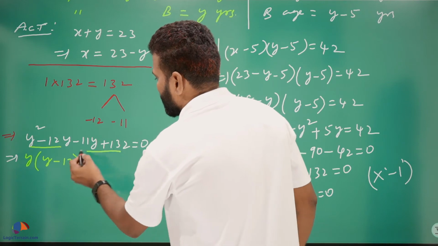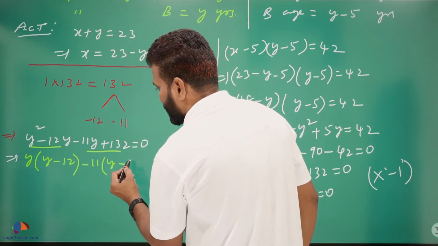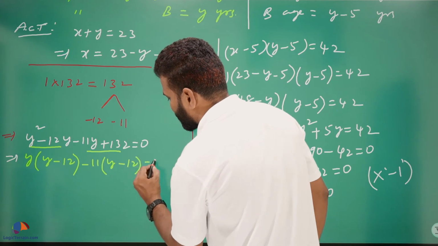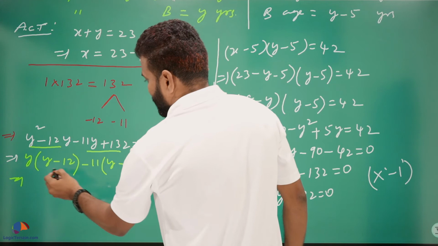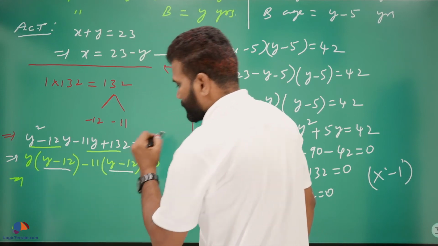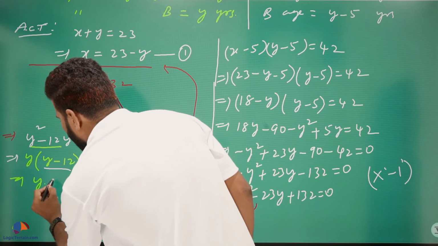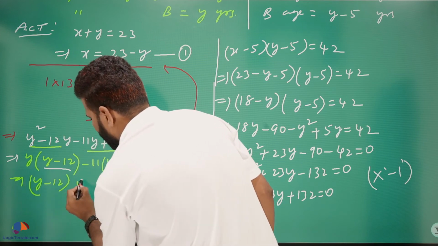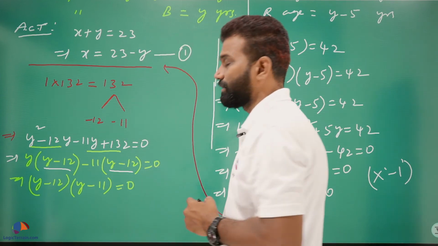Again from these two terms we'll take negative 11 common, here we are left with positive Y and here negative 12, is equal to 0. So further, again from these two terms Y minus 12 is common, and here we are left with Y, here we are left with Y minus 11 is equal to 0.